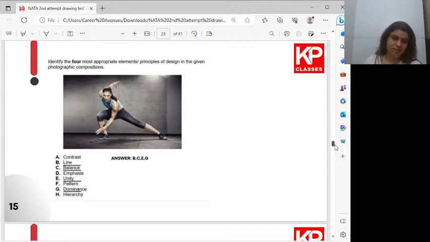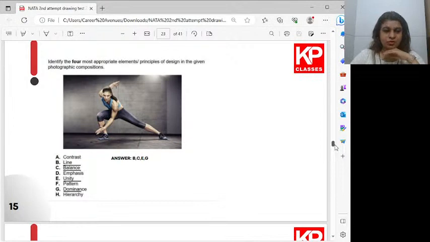Because everything is coming together to form this particular composition, be it the human figure, the colors, the lines and texture. They are uniting with each other to form this complete composition. There's definitely no pattern. We can see dominance over there, right? Dominance in terms of the element which has been focused on.